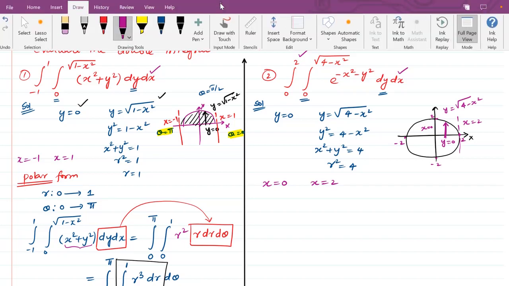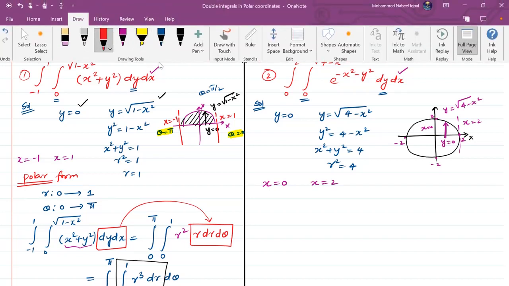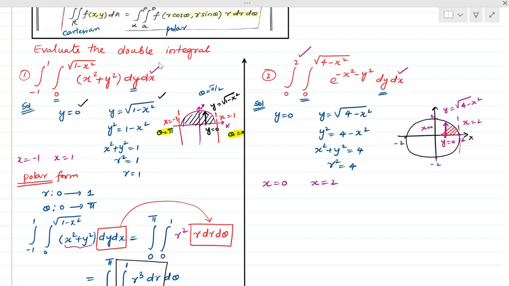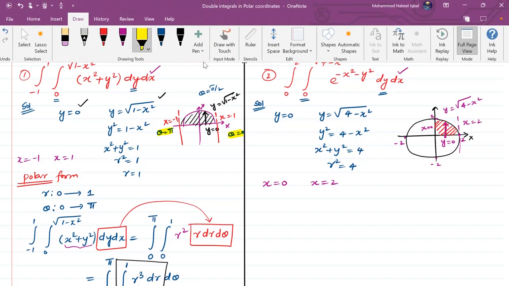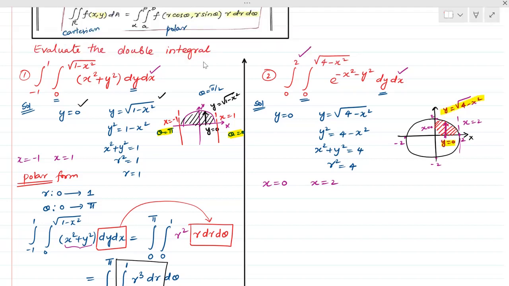If you see this, we will need only the first quadrant. The y limit is 0 to root of 4 minus x square, and the limit of x is 0 to 2. Therefore, I need only this area, the first quadrant.